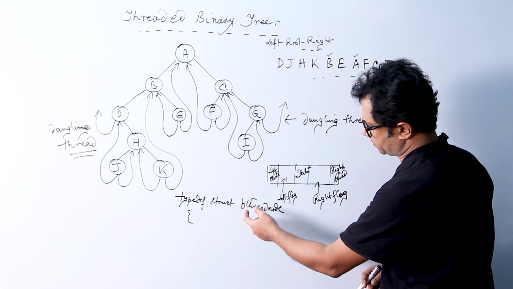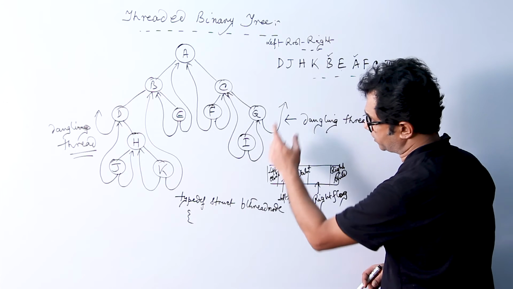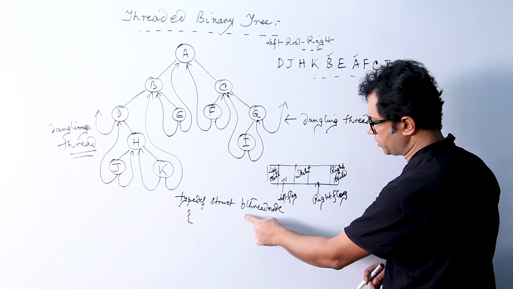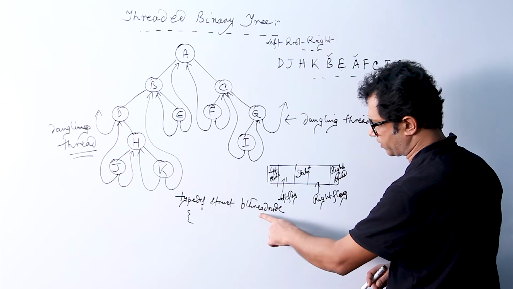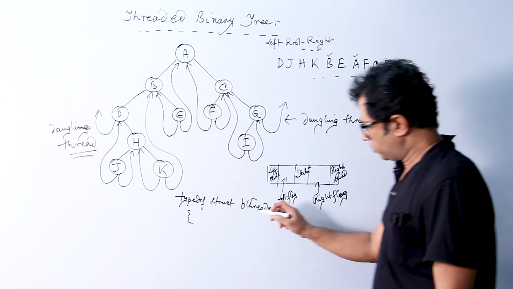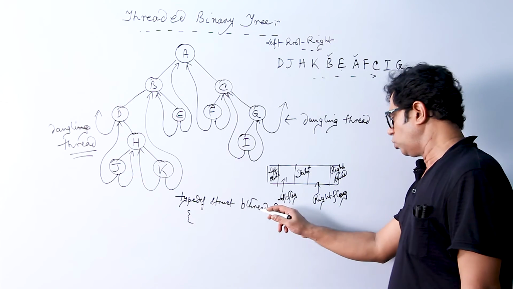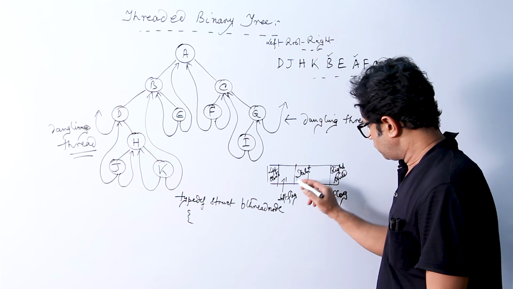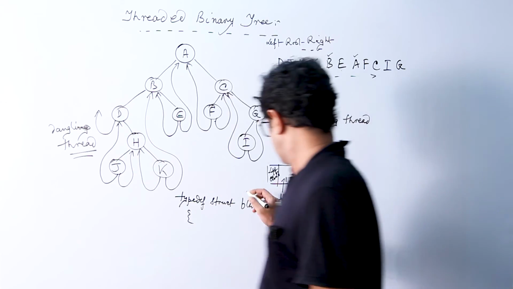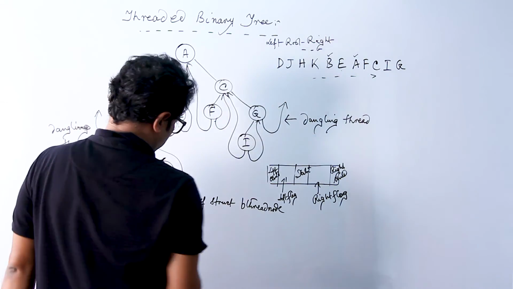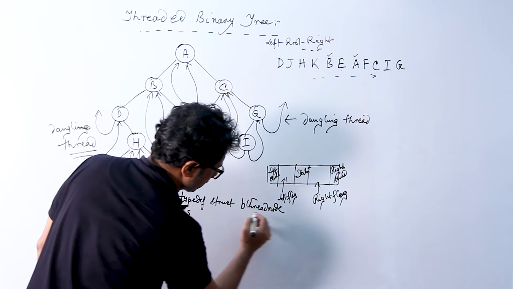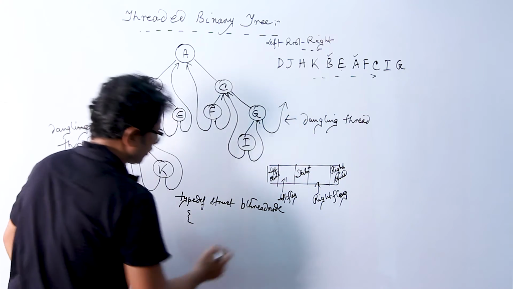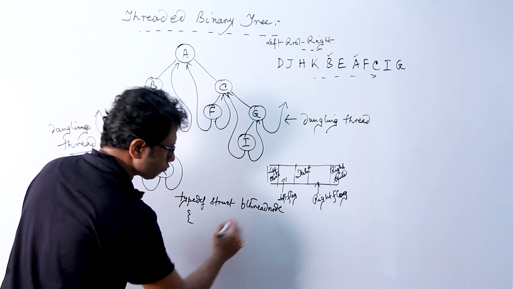Just in order to make it clear that we are dealing with the node of a threaded binary tree, I've written the name B_thread_node. So B_thread_node means a node of the threaded binary tree, which is the structure that is the topic of discussion. That is typedef struct B_thread_node, that is a node of the threaded binary tree.